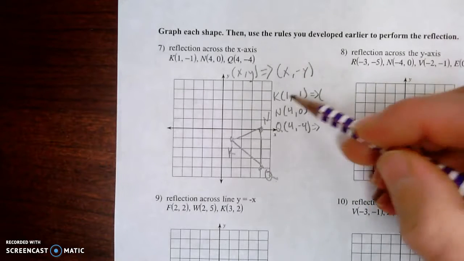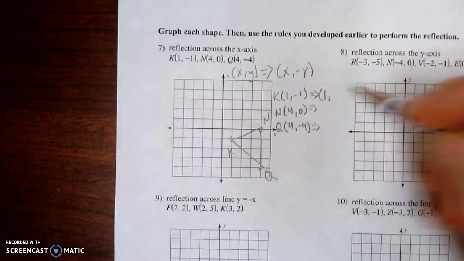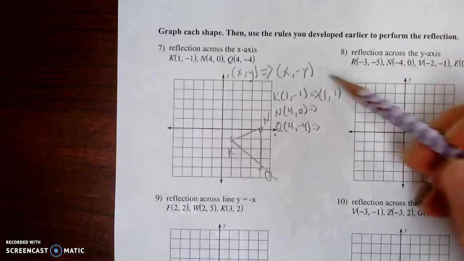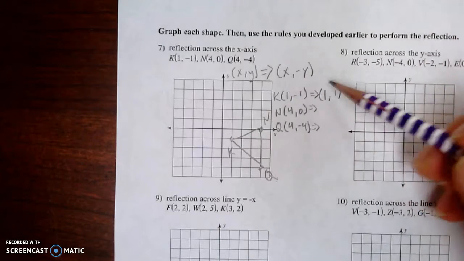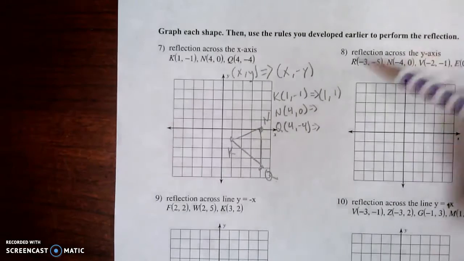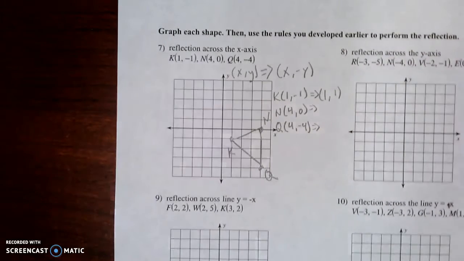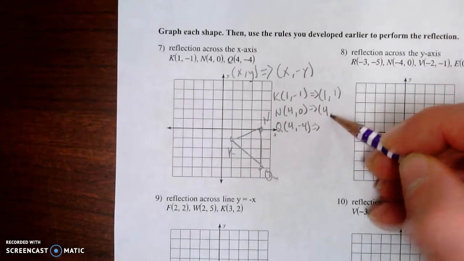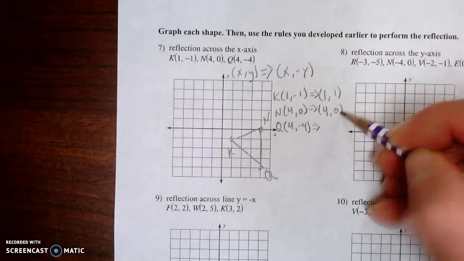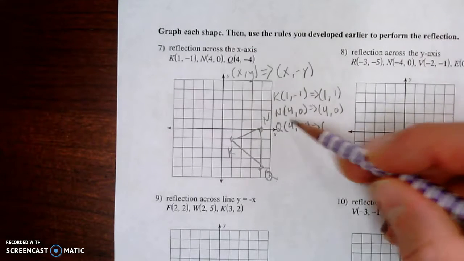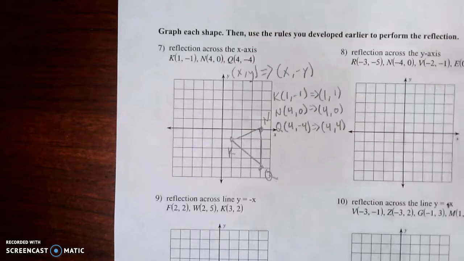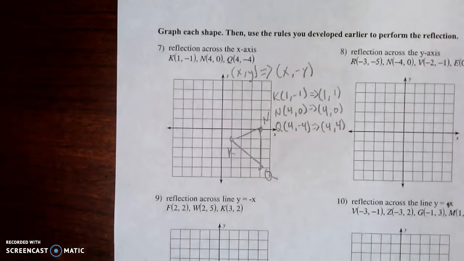The x-coordinate doesn't change, so the 1 stays as a 1, but the -1 becomes a positive 1. Remember, the -y doesn't mean that it's always going to be negative in the end. It means that it changes sign. (4, 0) becomes (4, 0), because -0 is just 0. And then (4, -4), the -4 will become a positive 4, and it becomes (4, 4).